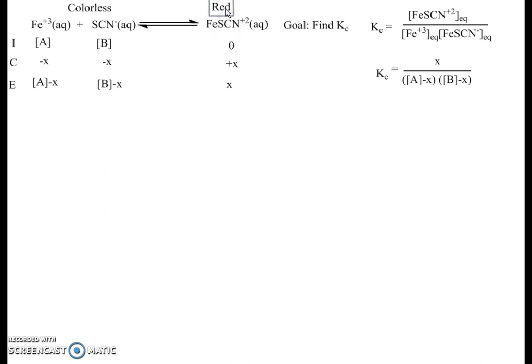So we're going to use that red color to quantitate how much of this product we have. And in order to understand how, we need to think in a little more detail about why this product looks red.